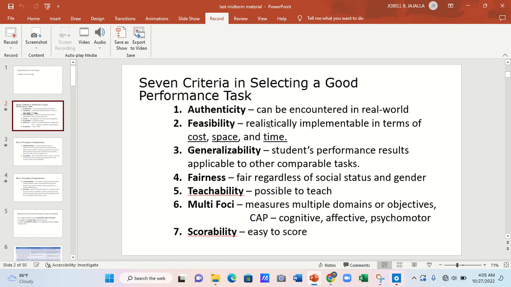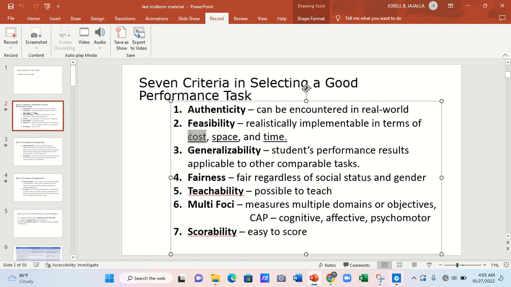Now, for number 2, we have feasibility. When we say feasibility, this is realistically implementable in terms of cost, space, and time. Cost is one of the factors, because the more expensive a task is, or the more cost it requires to make the task possible, the less feasible it is.